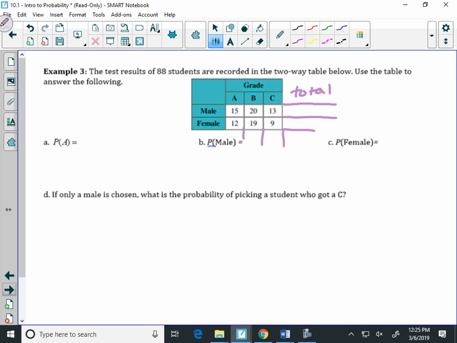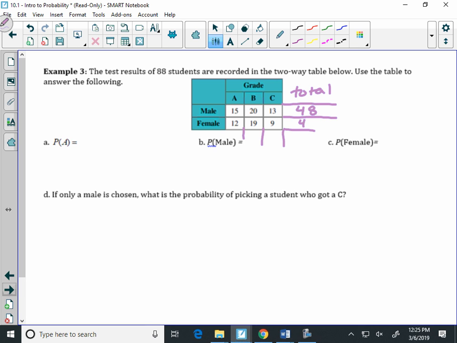Okay? And let's find the total for male. So to find all the males, you add up across or in the male column. So 15 plus 20 plus 13 is what? 48. To find the total females, you just add across 12 plus 19 plus 9, which is what?